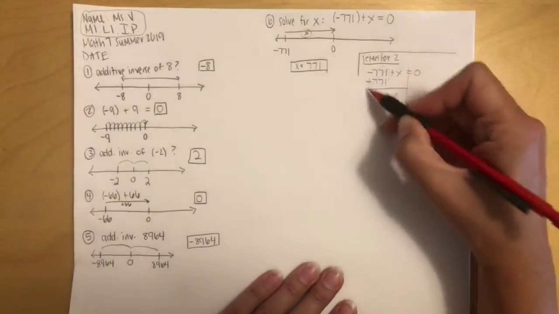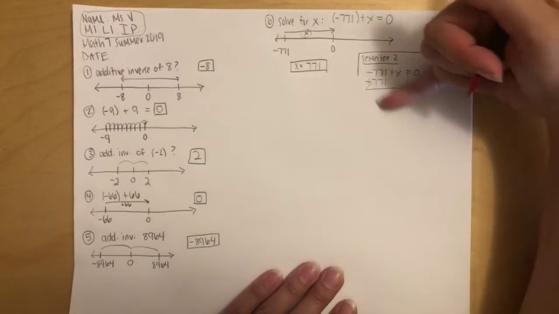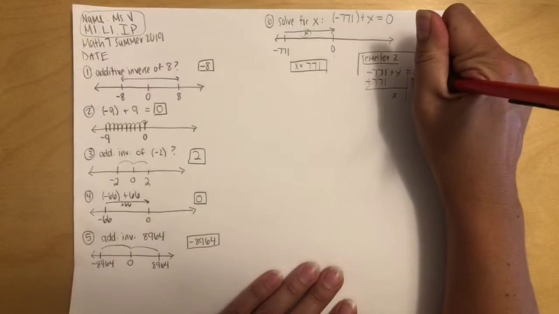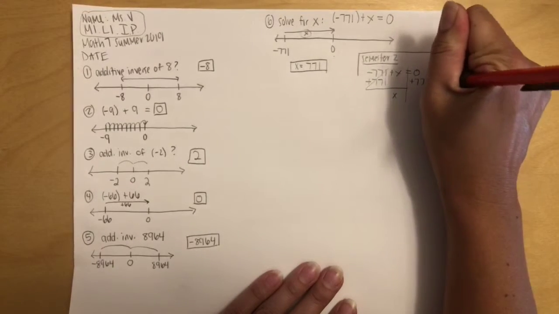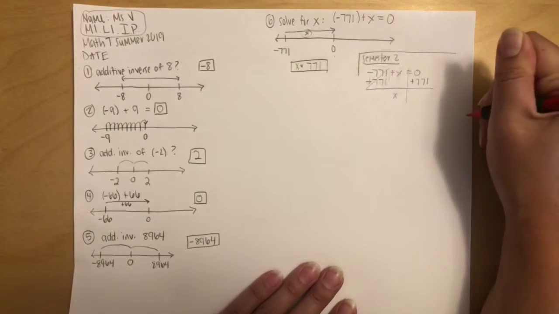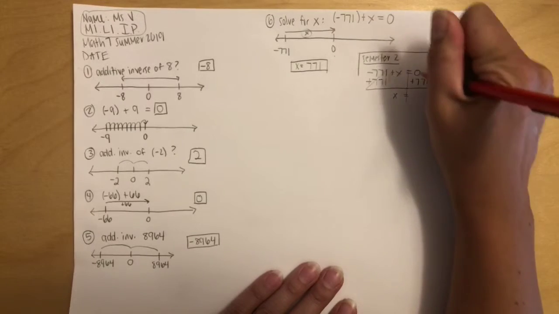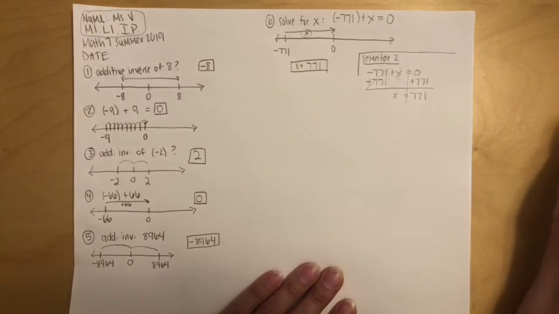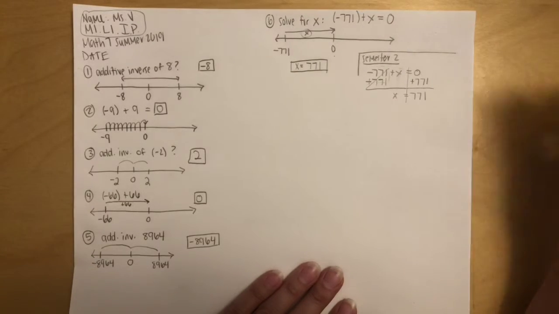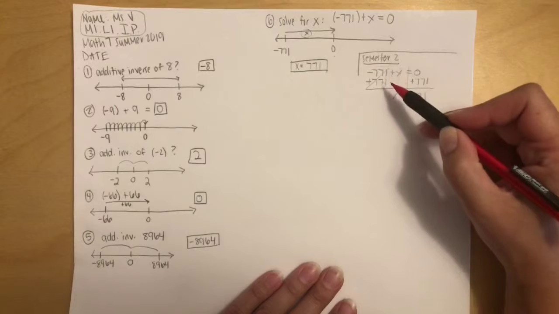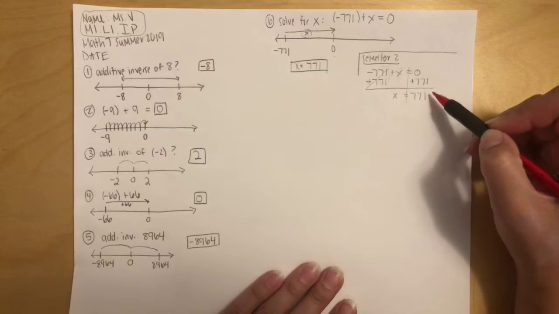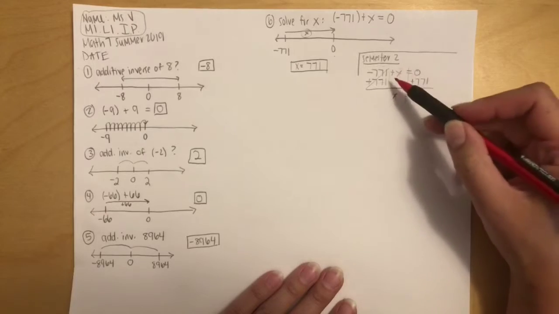But now this side of the equation is very heavy and off balance because I added 771. So I have to add the same amount to this side in order to keep it balanced. And 0 plus 771 is positive 771. This method is a way of solving for the answer.